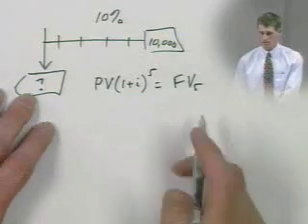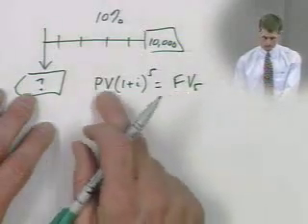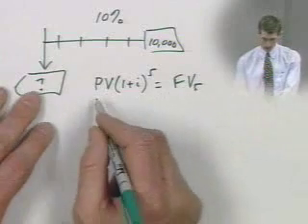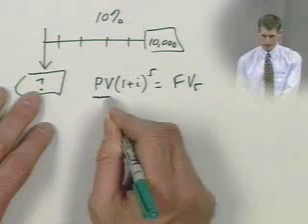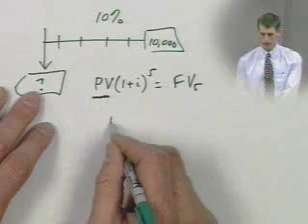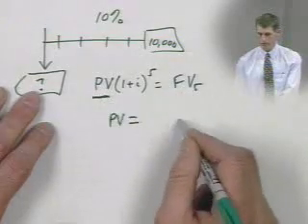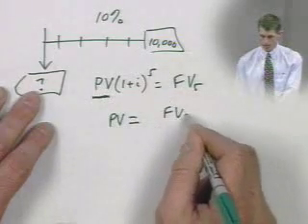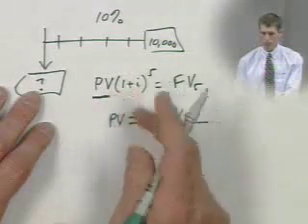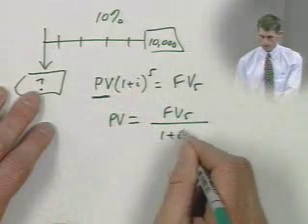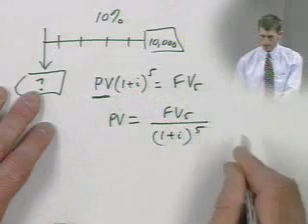We plug some numbers in here. Well, let's not bother yet. So if now what we're looking for is the present value, we solve for the present value, we get what? That the present value is equal to the future value in period 5 divided by 1 plus the interest rate to the 5th power.